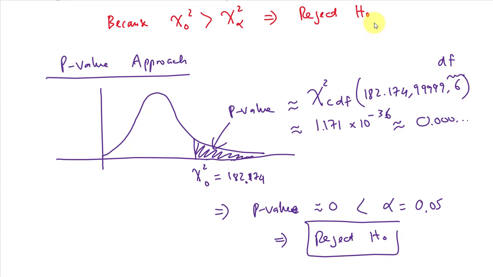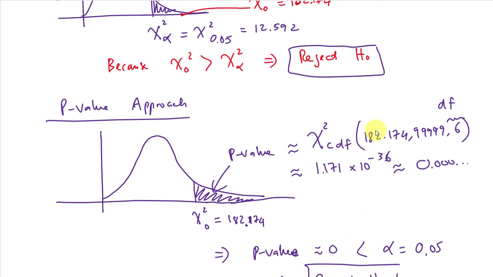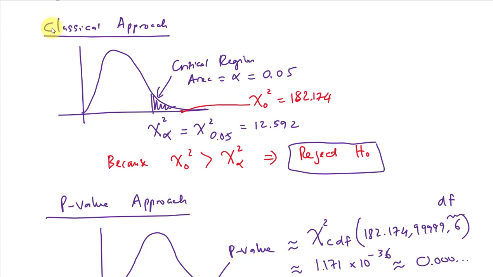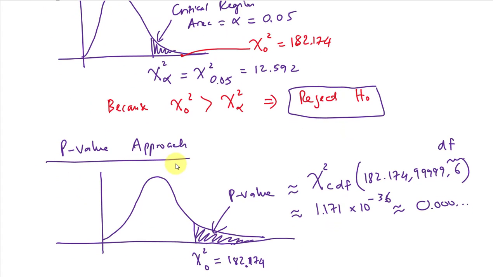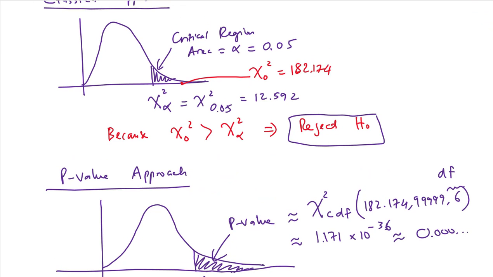And that is the same conclusion that we got up here. So either way, if you use a classical approach or you use a p-value approach, you do end up with the same conclusions if you do it correctly.